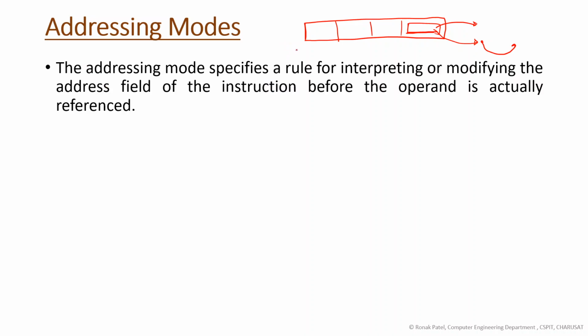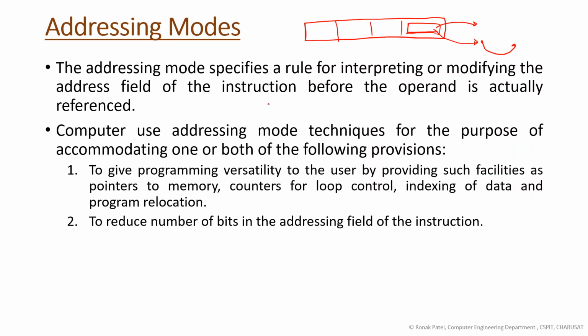The addressing mode specifies a rule for interpreting or modifying the address field of the instruction before the operand is actually referenced. This I have explained here. Now the computer uses addressing mode techniques for the purpose of accommodating one or both of the following provisions.